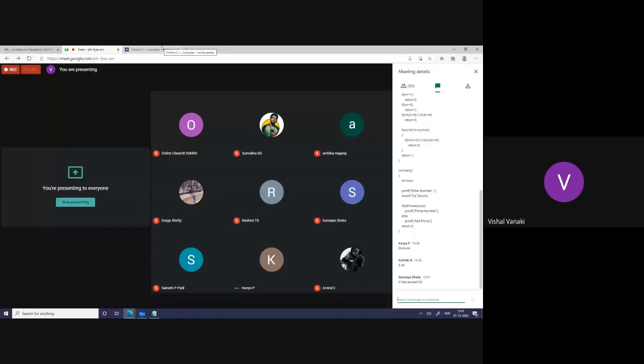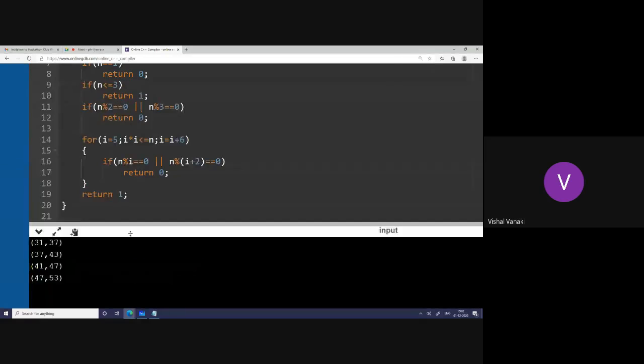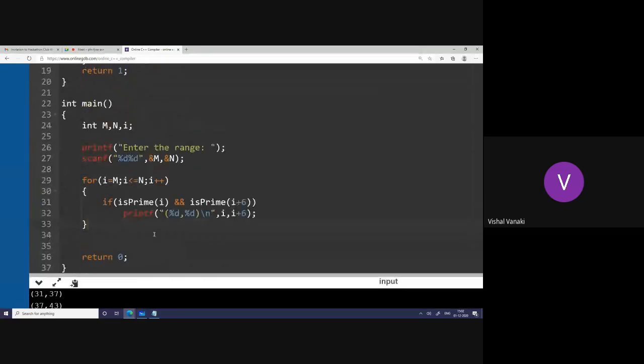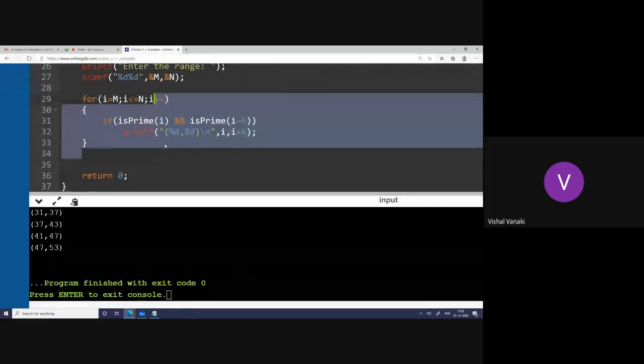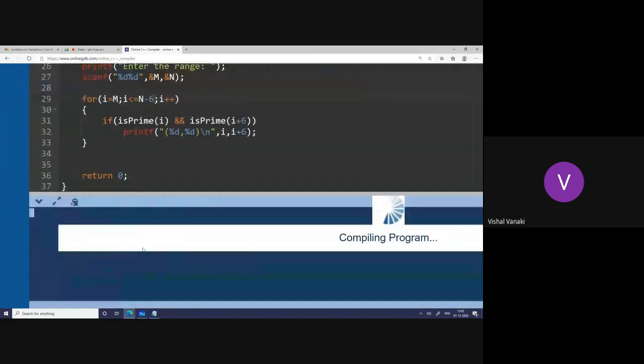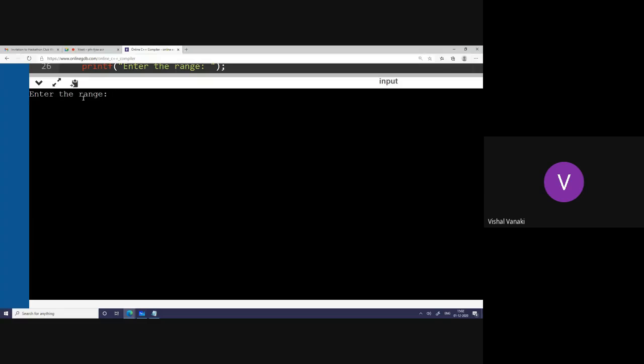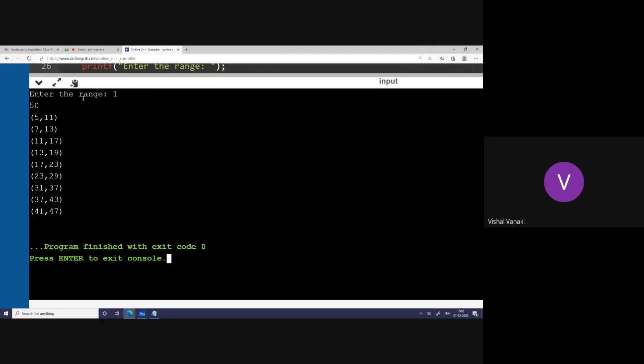Sumaya Sheikh has observed something. Now, can you see here? It is crossing 50, isn't it? What we can do is reduce the limit of the loop. Here, the limit of the loop you can write as n minus 6. Then it will come within the range. Is it coming within the range now?